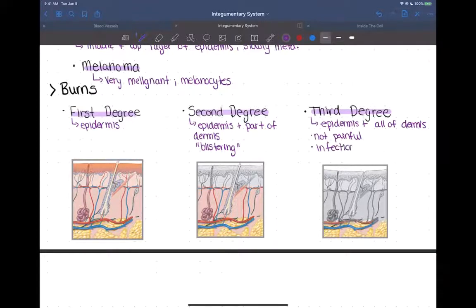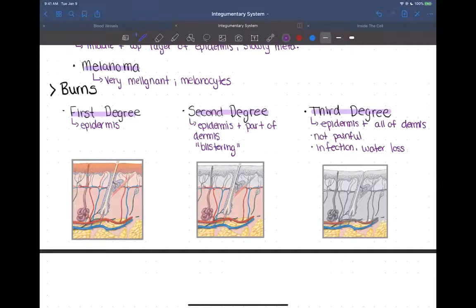And also remember, a major function of the skin is to be a barrier that prevents water loss. And so dehydration and loss of water is a huge problem with burn patients, all right, because they don't have that skin preventing water from just evaporating. And so they can easily dehydrate and lose water.